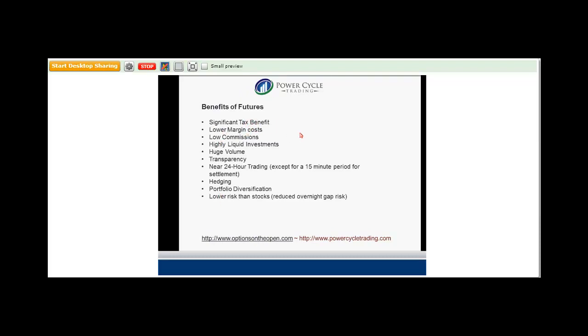This is a whole course in itself on the benefits of using futures. Lower margin costs, low commission, very liquid, great volume, transparency, 24 hours trading, great for hedging, great for diversification of your portfolio, and lower risk than stocks because you don't have that overnight gap risk.